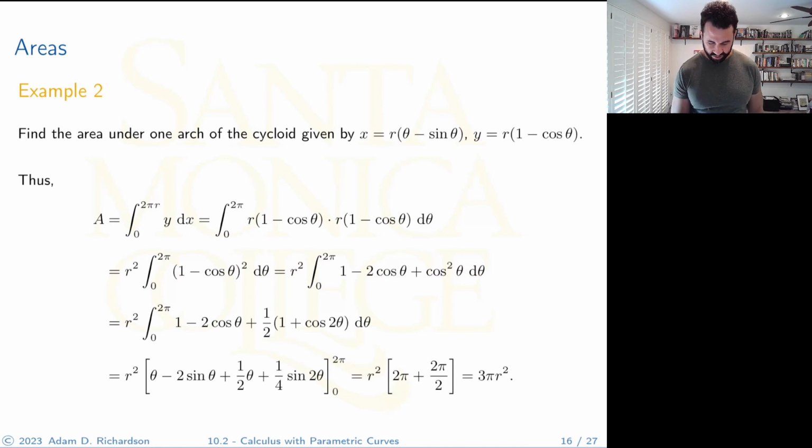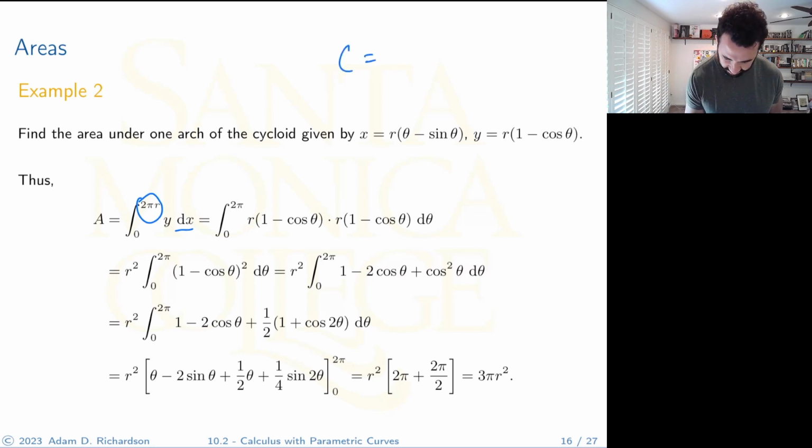Here we go. So what is the area? The area is the integral from 0 to 2 pi r, which I'll talk about in just a minute, y dx. Now, why is the upper bound 2 pi r? The reason is that we're integrating with respect to x, and the circumference of a circle of radius r is 2 pi r.